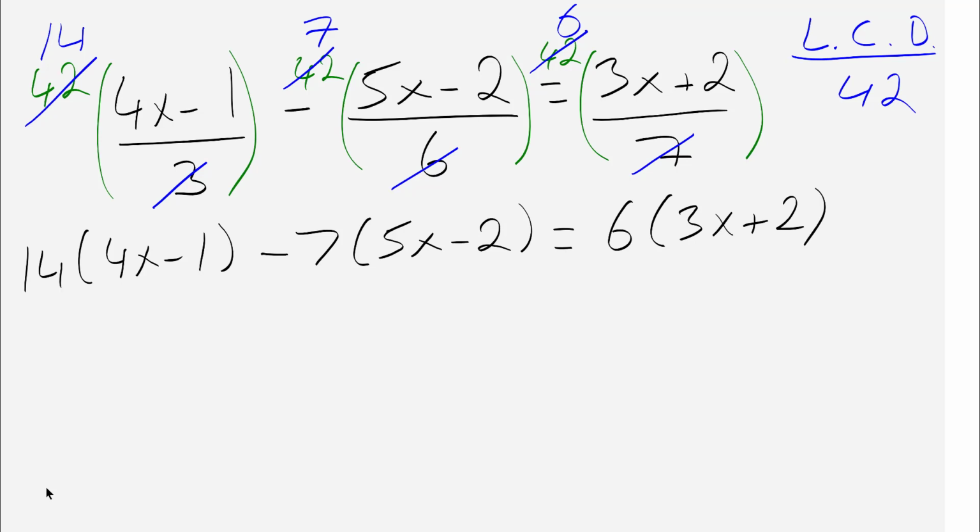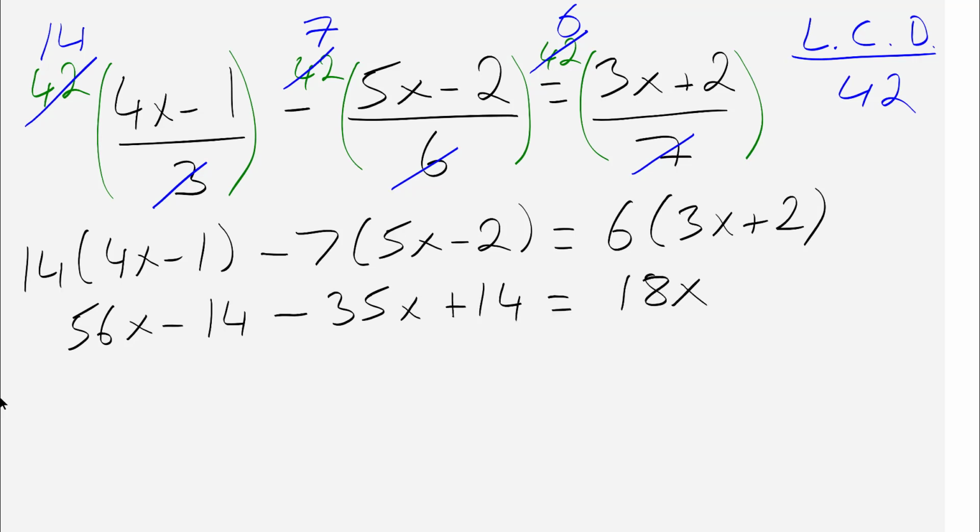Once again, you can see that by multiplying each term by the lowest common denominator, we have managed to get rid of our fractions and turn it into a much simpler linear equation. So we will continue. 14 by 4x, so we've got 56x, minus 14 by 1 is 14, minus 7 by 5x is minus 35x, and minus 7 by minus 2 is plus 14, equals 18x plus 6 times 2, 12.